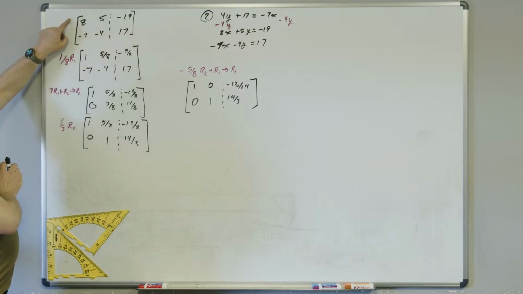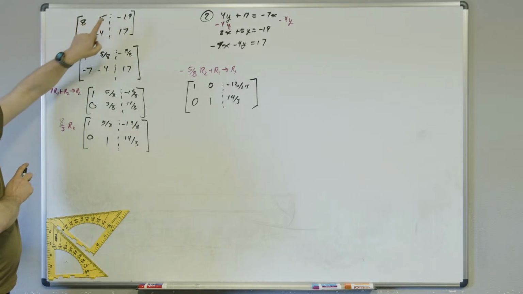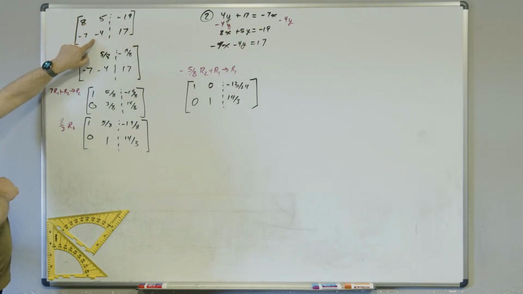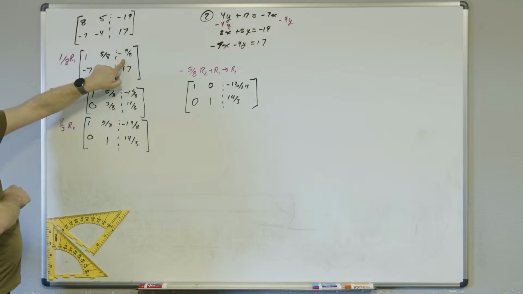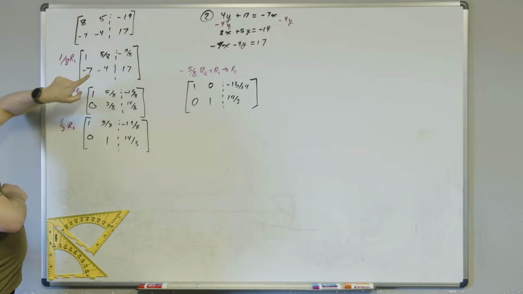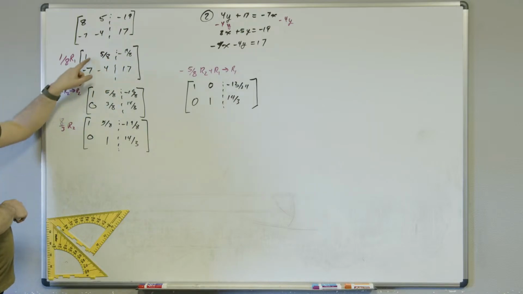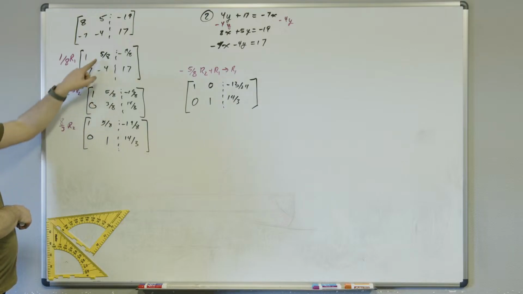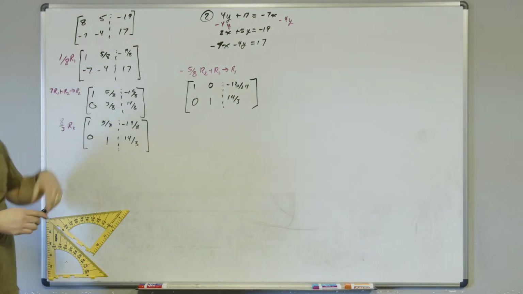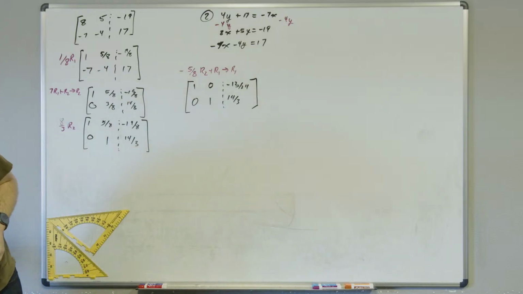So we did 8, 5, negative 19, negative 7, negative 4, 17, multiplied by 1/8, then you got 5/8 and negative 19/8. Then we multiplied 7 times here and added that to that. Positive 7. 7 times 5/8 is 35/8.